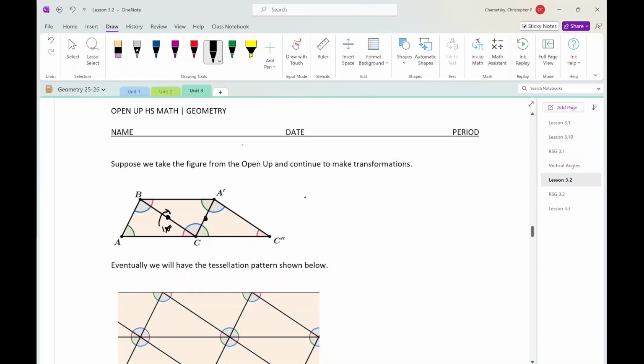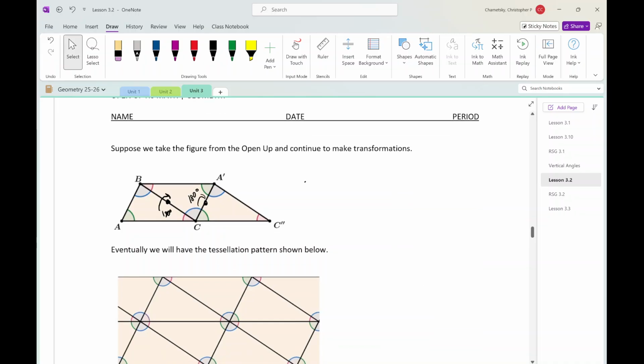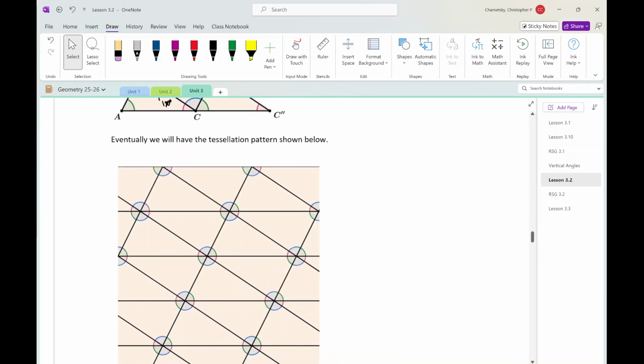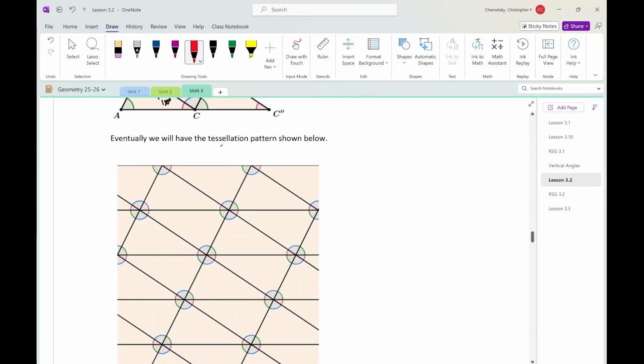We could continue, we could rotate another 180 degrees on another side, and then we would end up with this trapezoid shape. And then we could keep on going. And eventually, we're going to make this tessellation pattern. So this is really just a repeated pattern.